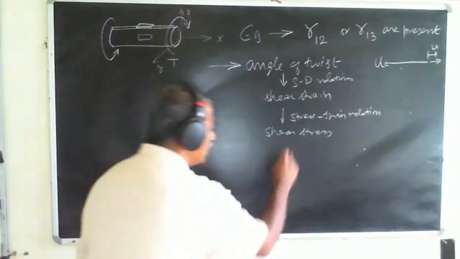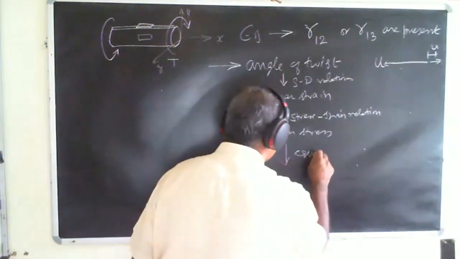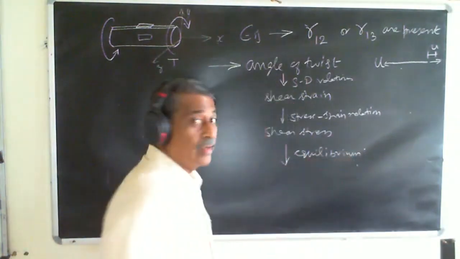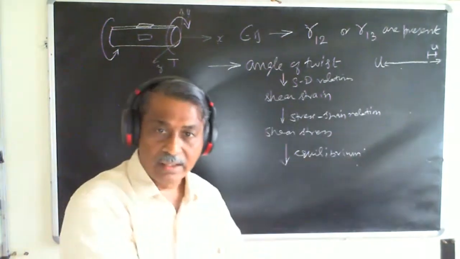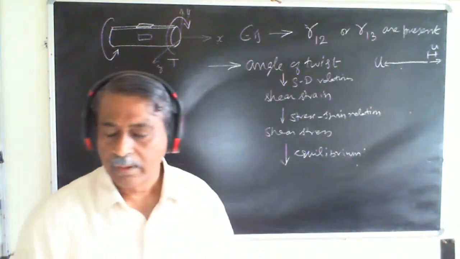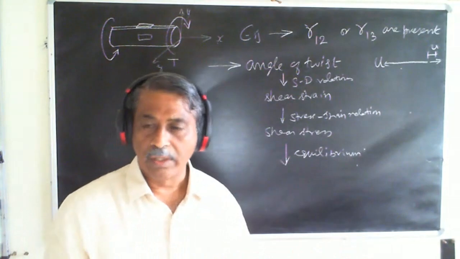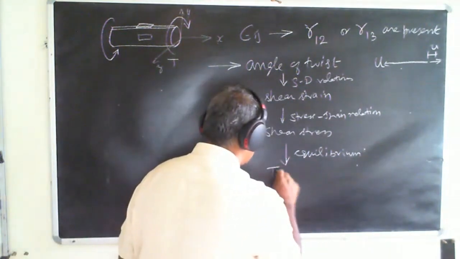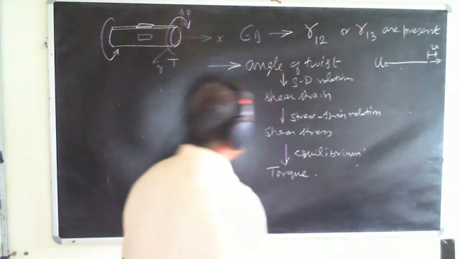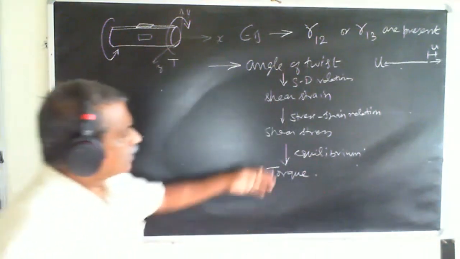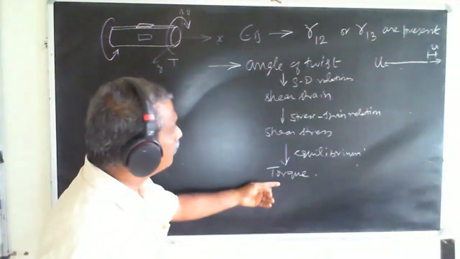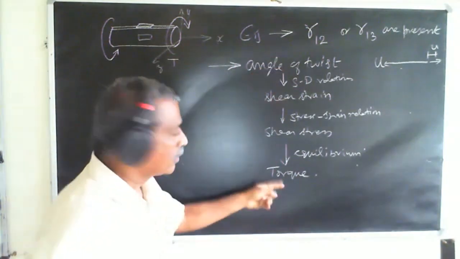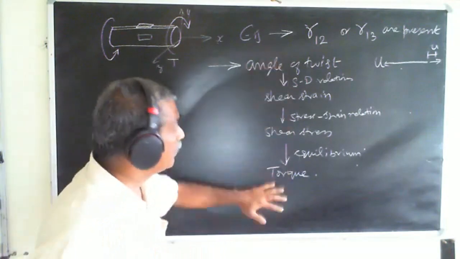And therefore, equilibrium makes sure that internal quantities are equal to external quantities, and therefore I get a relationship with torque. Of course, I can go either way. I can start with torque and go to angle of twist, or I can start with the angle of twist and go to torque. This is what we did.